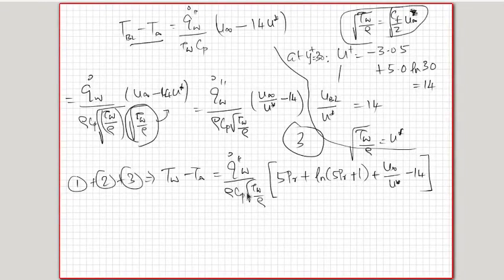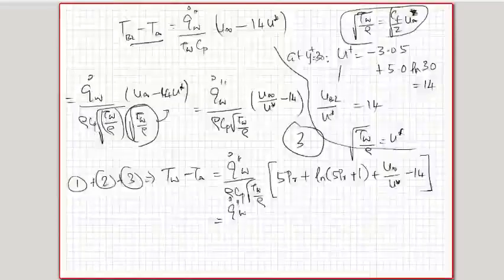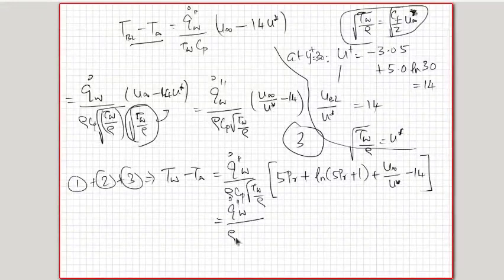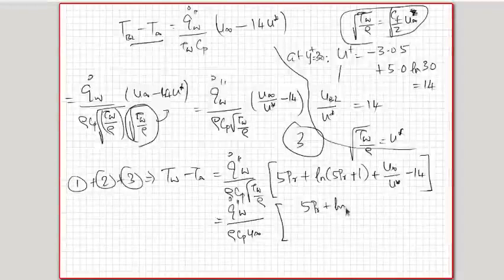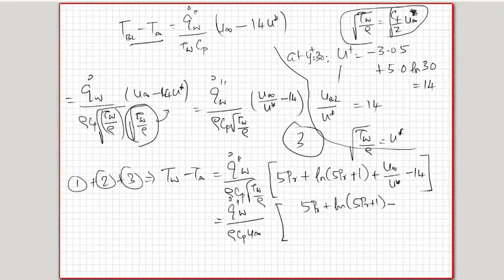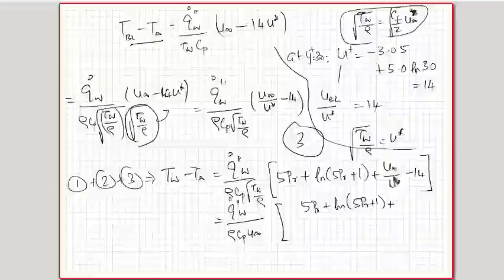So I'll keep the U infinity here and take the Cf by 2 into that. So this will actually become equal to Q dot double prime wall divided by rho Cp U infinity multiplied by, this is square root of Cf by 2 going inside. So 5 PR plus log of 5 PR plus 1 plus this U infinity by U star. What is this?